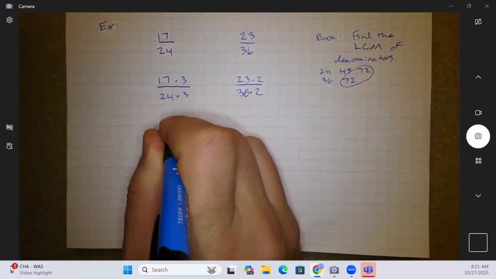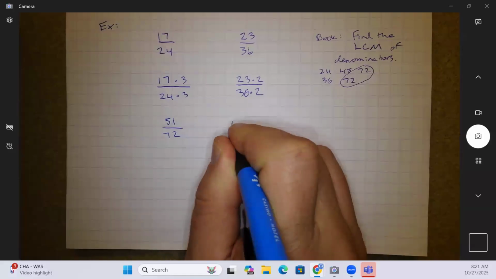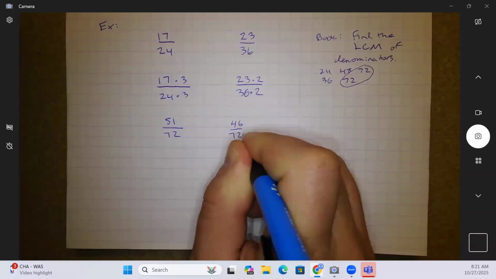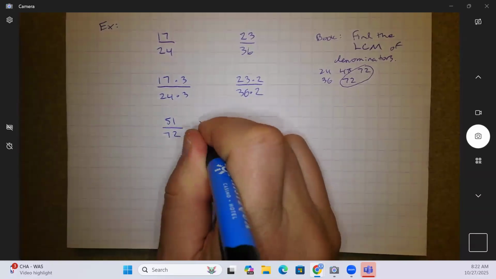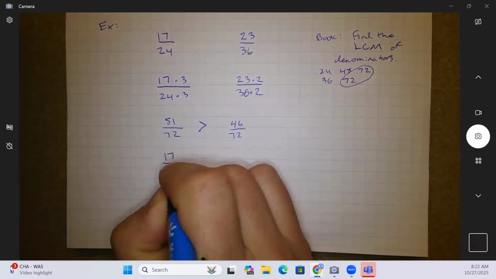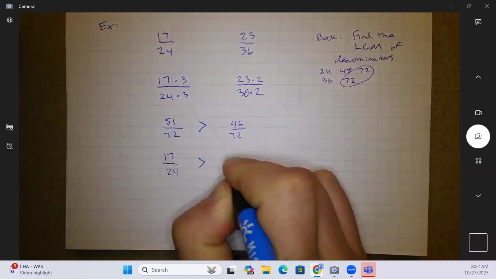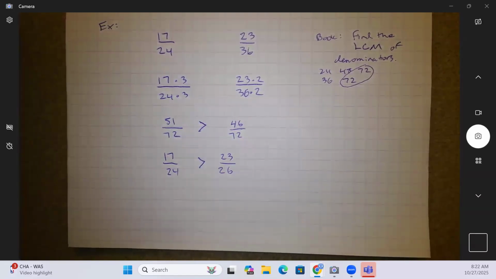This is 51 over 72, and that is 46 over 72. So which of these fractions is bigger? 51 over 72, because 51 is bigger than 46. So 17 over 24 is bigger than 23 over 36.